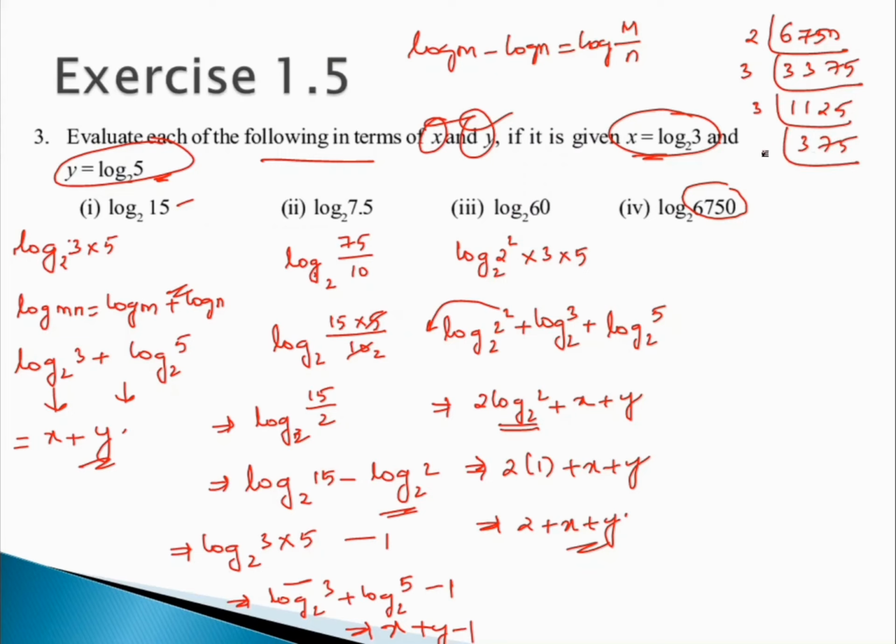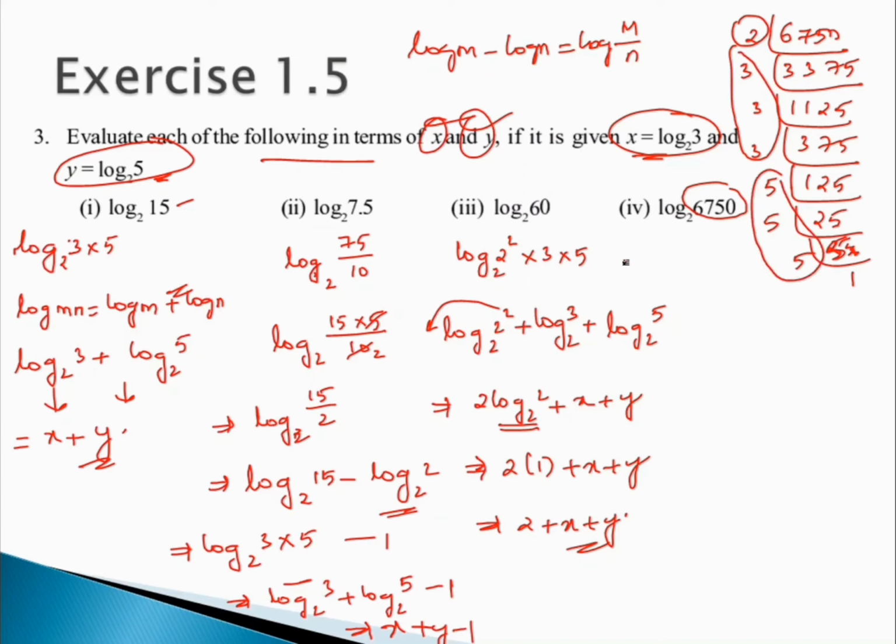Here also 5 goes out, then 25 again comes out, and 1 is left over. Means I can write that as 2 into 3 cube into 5 cube.